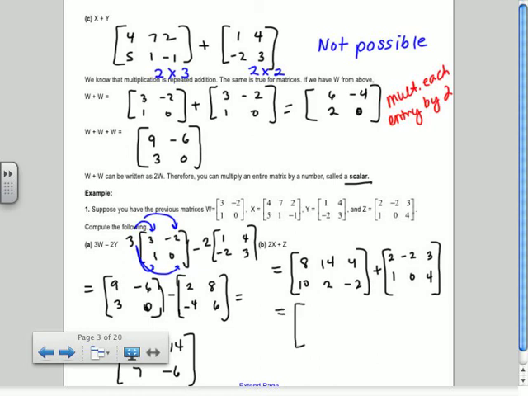When I add my entries, I get 8 plus 2 is 10, 14 plus negative 2 is 12, 4 plus 3 is 7, 10 plus 1 is 11, 2 plus 0 is 2, negative 2 plus 4 is 2. And that's your answer.